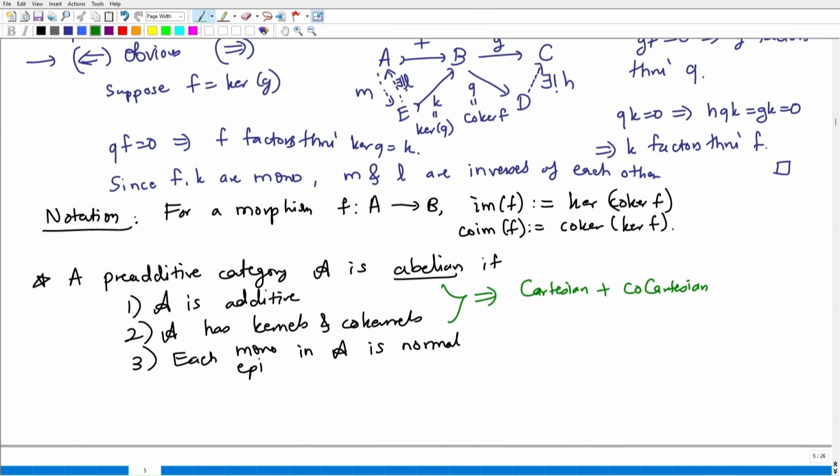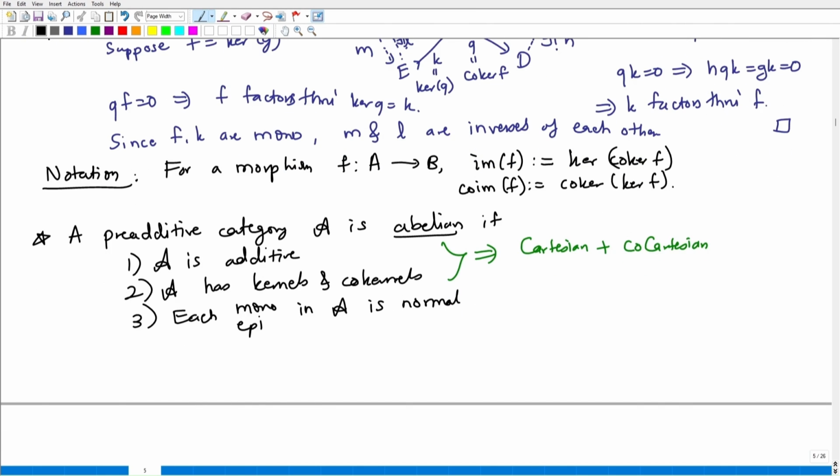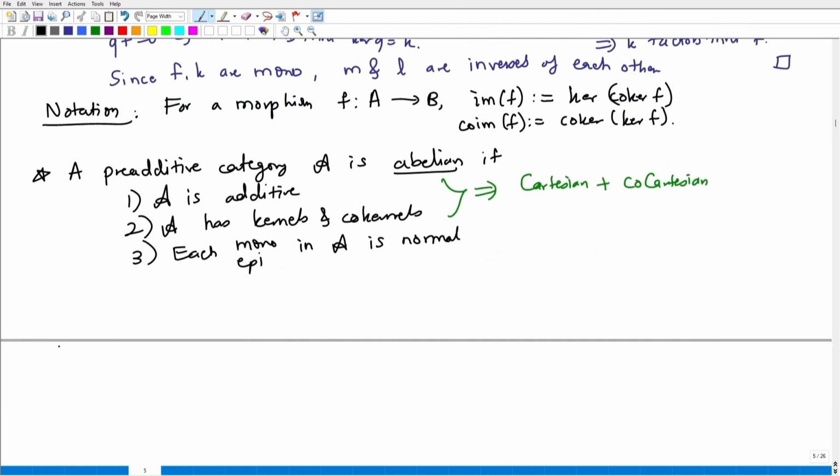And if you come across regular categories, then regular pre-additive categories are precisely abelian categories. Some important properties about abelian categories, or maybe we'll do it slightly later. Let's first prove the result about image factorization.